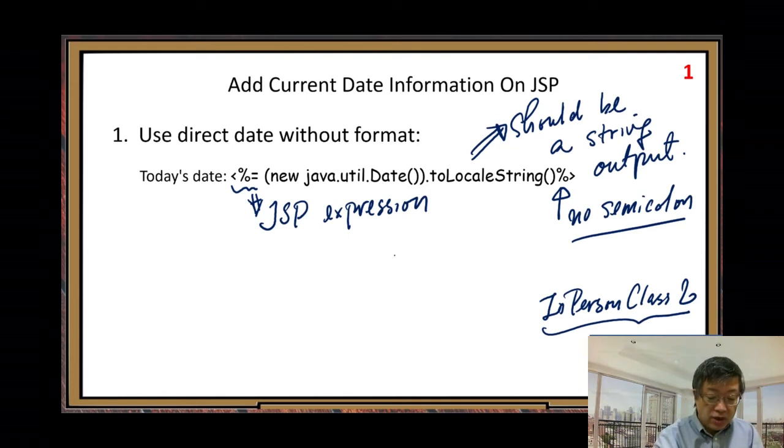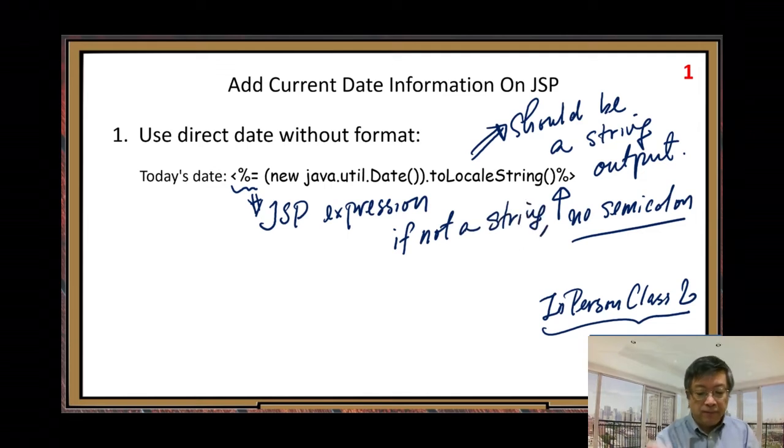So here, let me write the general rule. If not a string, could be integer, could be double float, primitive data types, also could be an object. Sometimes you may get an object value as the expression.